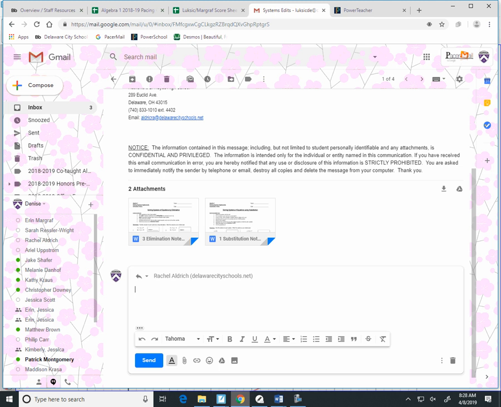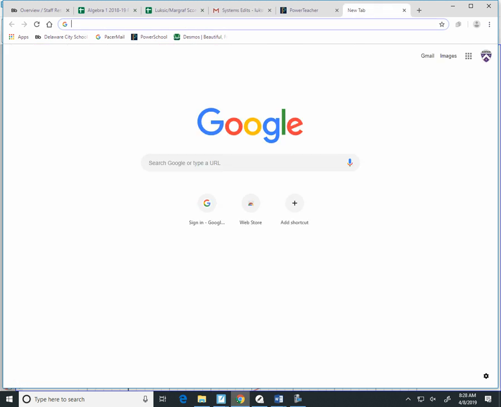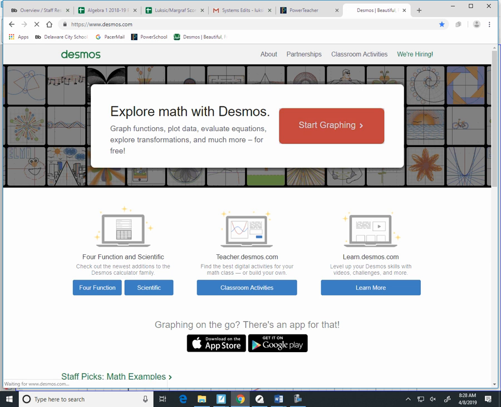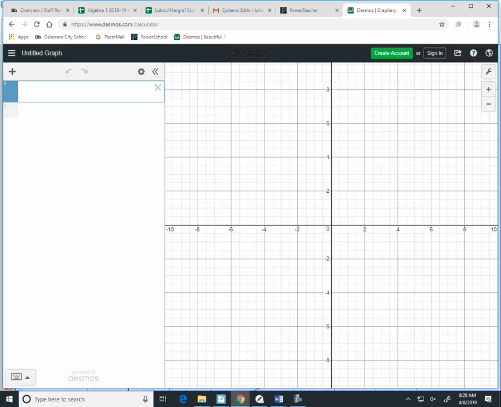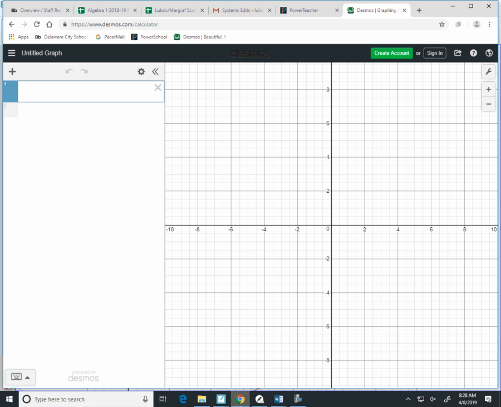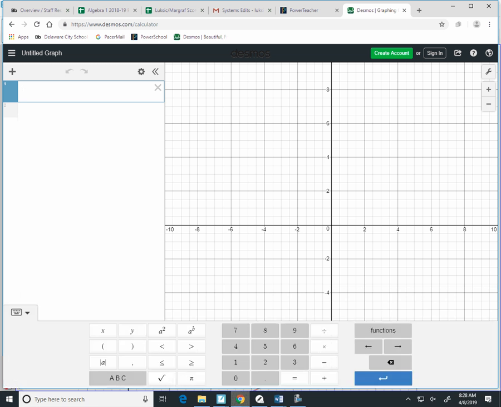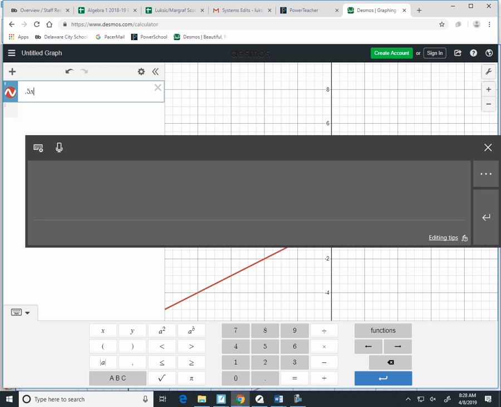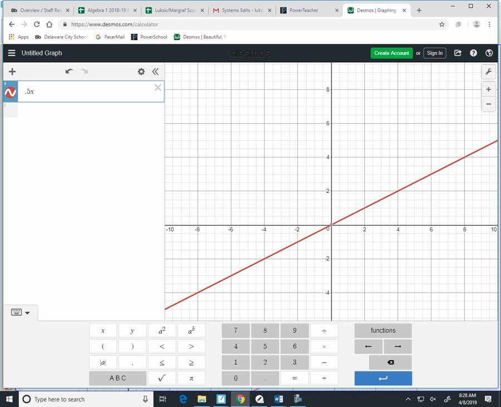I would probably use the table, so let me show you that really quick. Remember, Desmos is not going to like that m if you put it in. So I would not put in the m. I probably wouldn't even do the function notation. I would just do 0.5x plus 3.